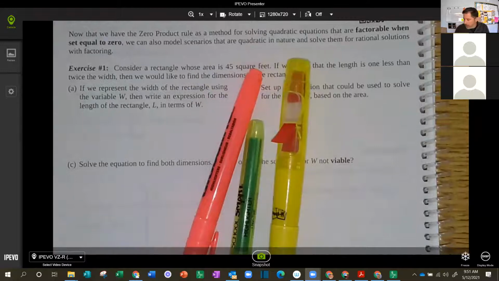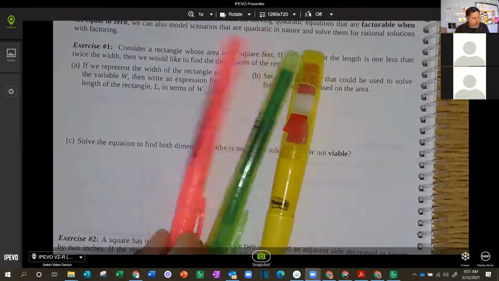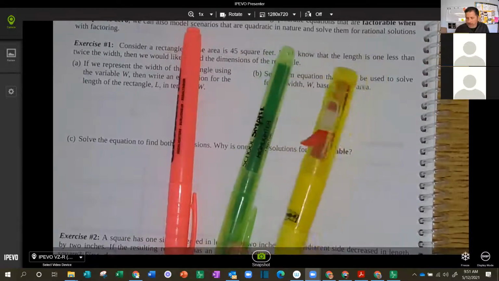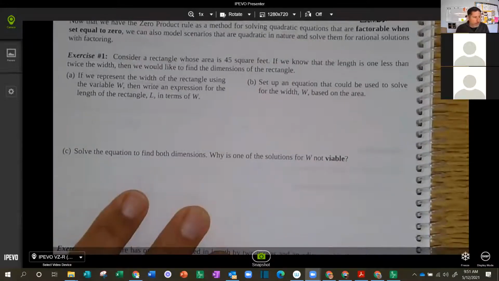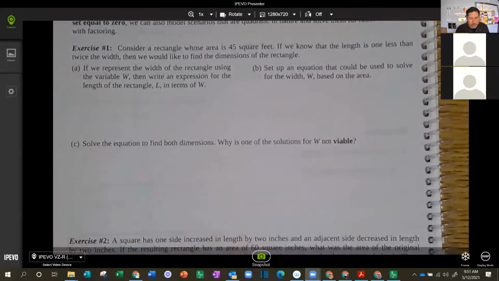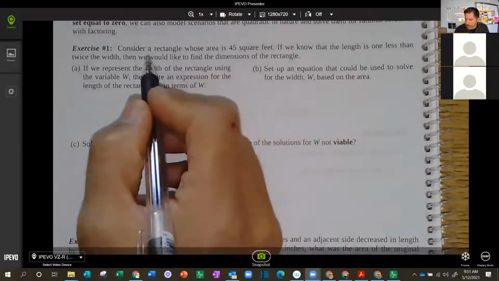I have a green pen, a pink pen, and a yellow highlighter. I like all my highlighters because that will help you learn, and it will also help you in the Regents to sort out these word problems by the parts that make them up. So let's read this first problem, and I'm going to highlight some different areas.